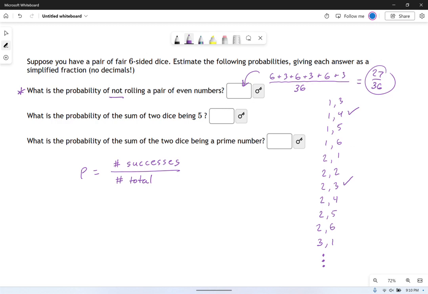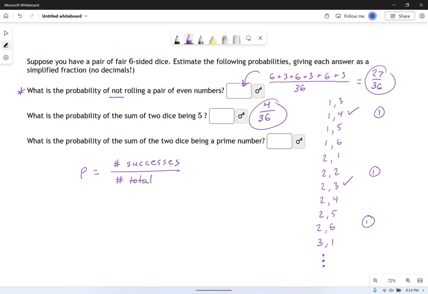But you see, there's going to be 1 chance of it in the 1s, 1 chance in the 2s, 1 chance in the 3s. There'll be 1 chance in the 4s. There's no chance of it in the 5s because there's no chance you're going to roll a 5 and a 0. So for this one, you have 4 possible ways of doing this successfully out of 36 dice rolls. So that's your probability of the sum of 2 dice being 5. It's not a very likely outcome.